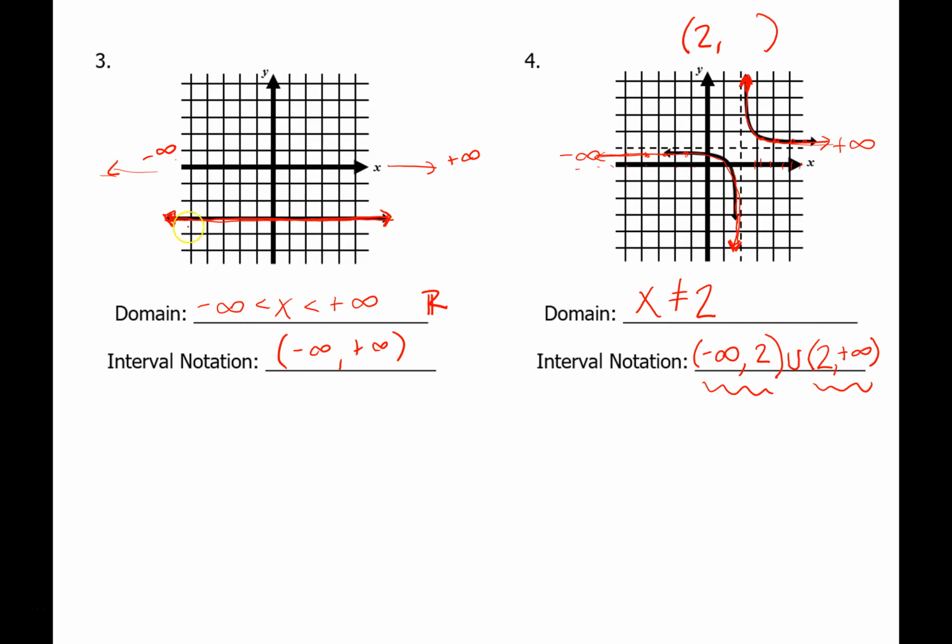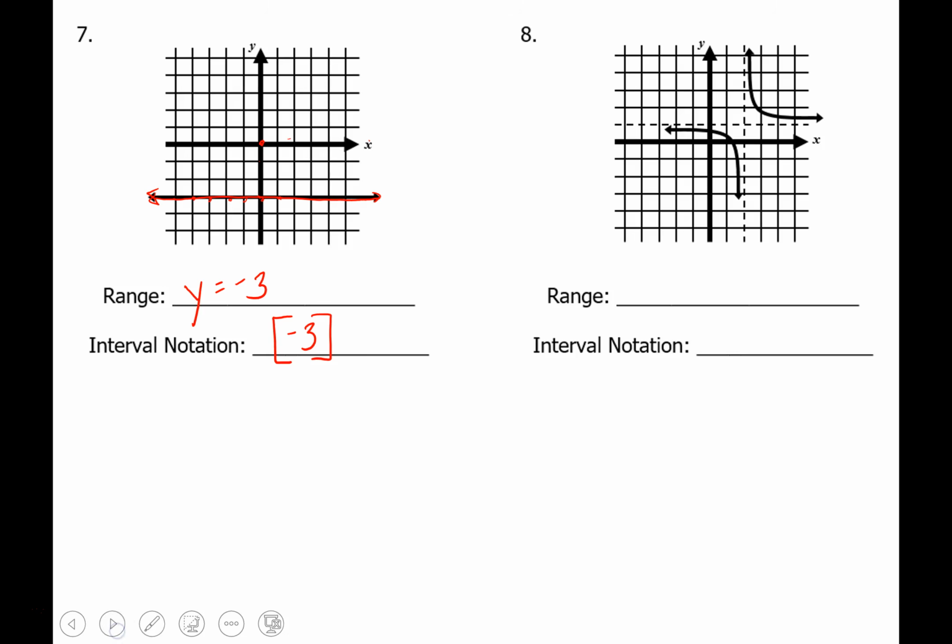So notice here that the domain did not change because we were looking at a horizontal line. What did change was the position of this horizontal line on the y-axis. Here, when I was reading the graph correctly, it was down at negative 3, whereas before I thought this was my x-axis and that this line was up at positive 3, but it was not. So the domain did not change with that mistake, but my range totally did because finding your origin is super important.